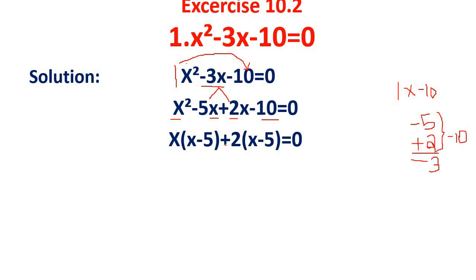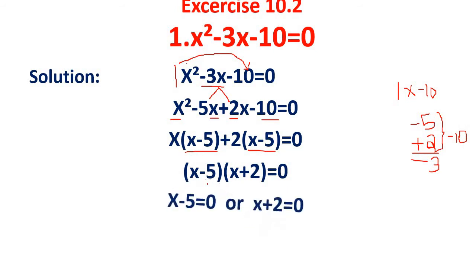Already x is outside, plus if you take out 2 as common, x minus 2 5s are 10, which is equal to 0. Then x minus 5 is common. The remaining term is x plus 2 is equal to 0. Now x minus 5 is equal to 0 or x plus 2 is equal to 0.